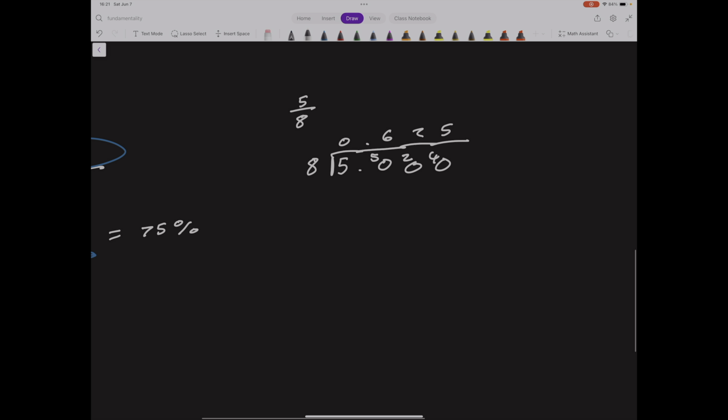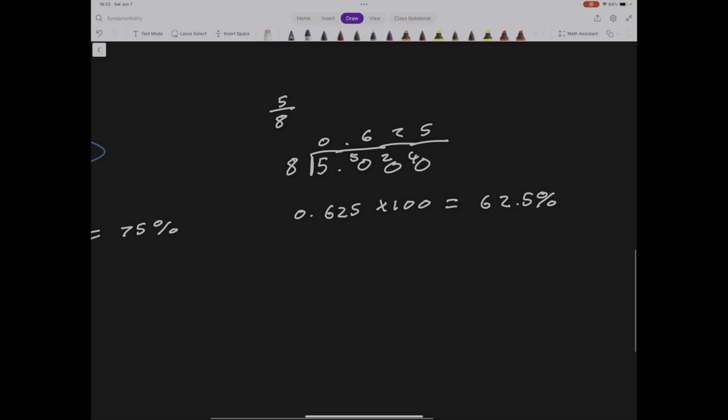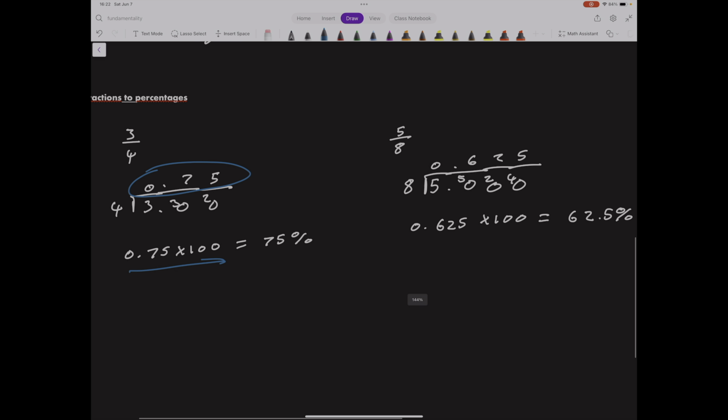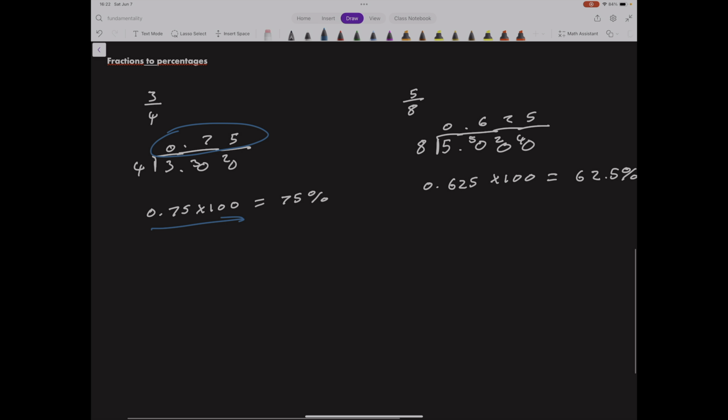Okay. And then we get our decimal from that division, times it by 100, shift it over by 2 place values, and we get 62.5%. Can't forget that symbol. So yeah, that's how you convert from fractions to percentages.